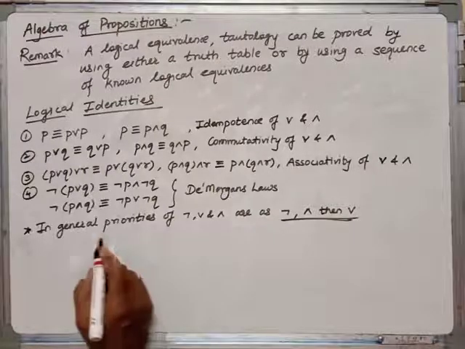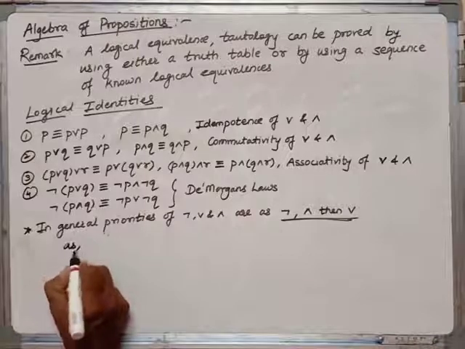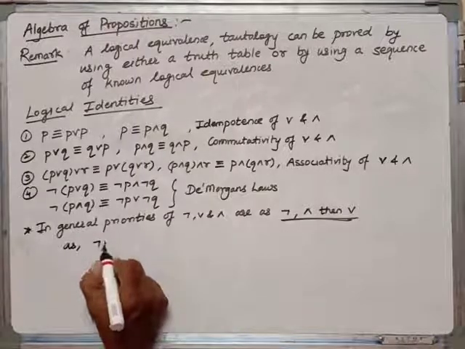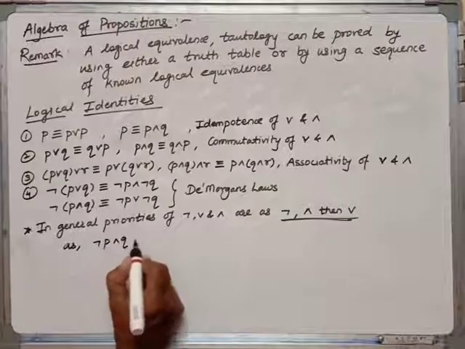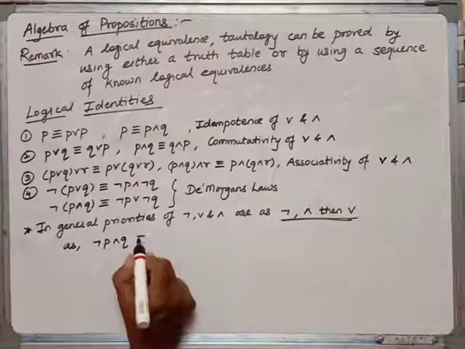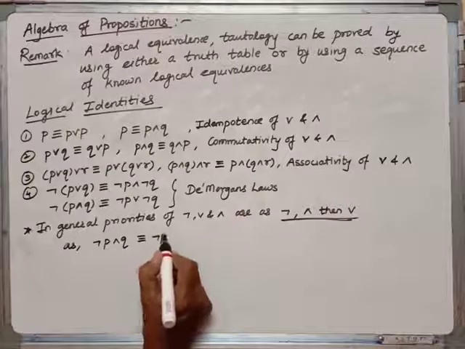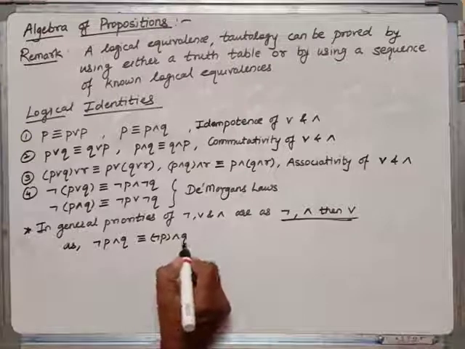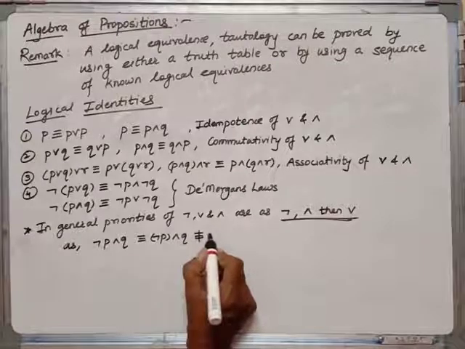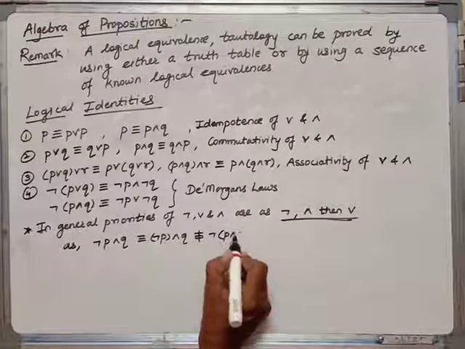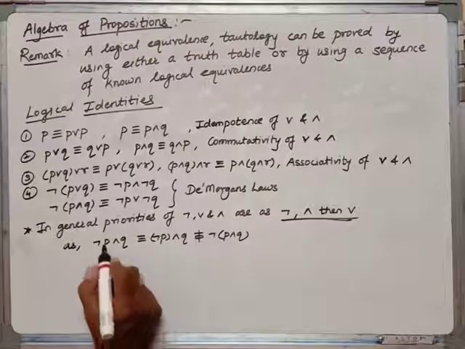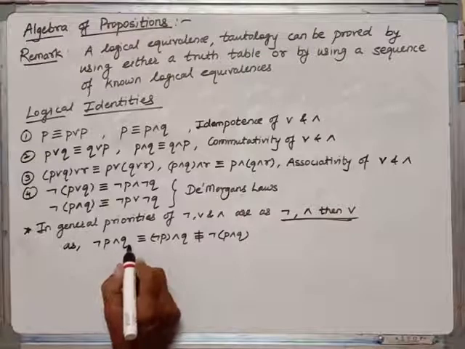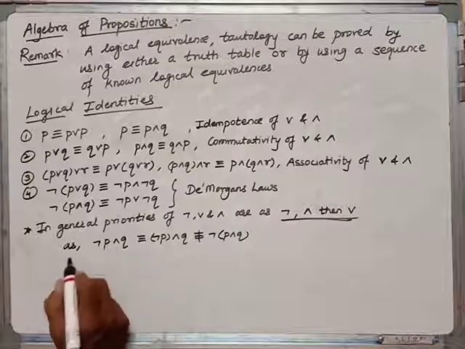Now here I can give the example as negation of P and Q. If we write negation P and Q, it is not equivalent to negation of P and Q. You know that. Here negation is applicable to what? P, and then and with Q. Okay.